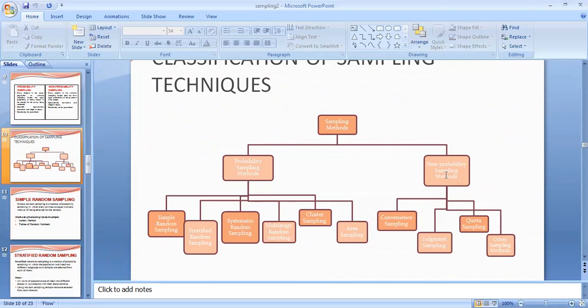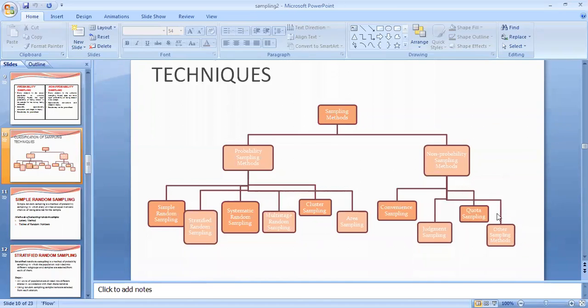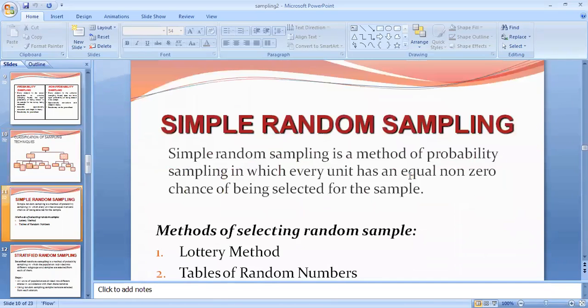Non-probability sampling methods can be classified into convenience sampling and quota sampling, and also judgment sampling and other sampling methods. So there is a huge classification of sampling methods.